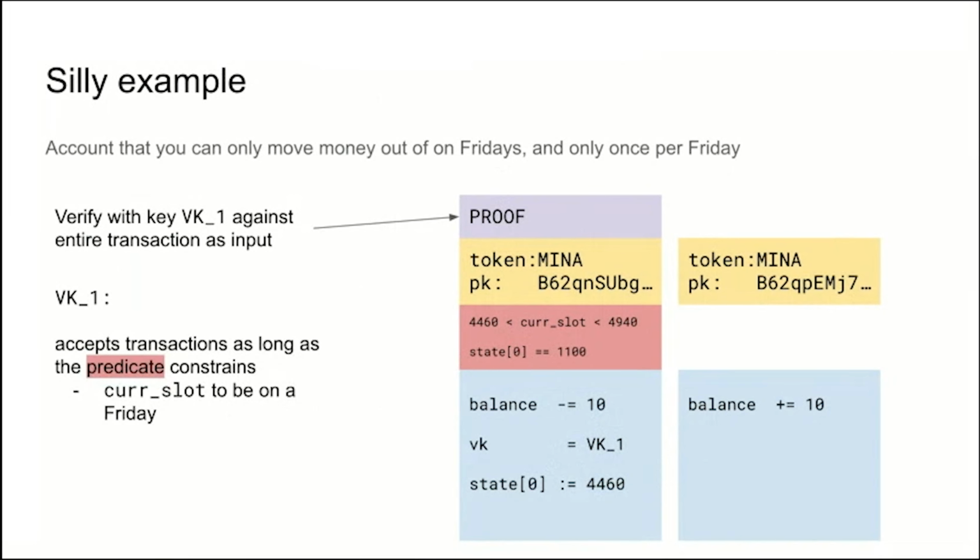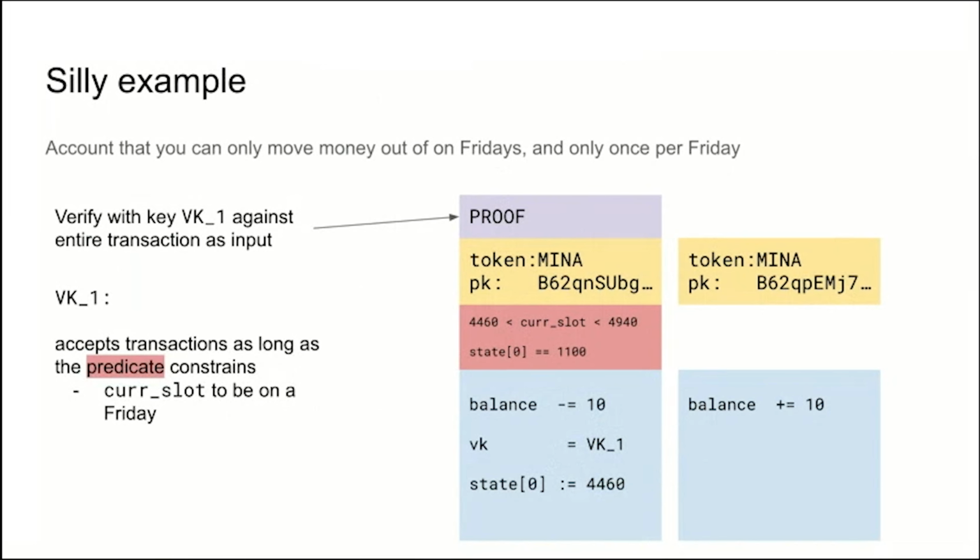So we want VK1 to do the following. We want to accept the transaction that is provided as input if the following is the case. The predicate constrains the current slot to be on a Friday, and that's something we can check because we can take the current slot, divide it by the number of slots per day, and then take the remainder mod 7 or something.